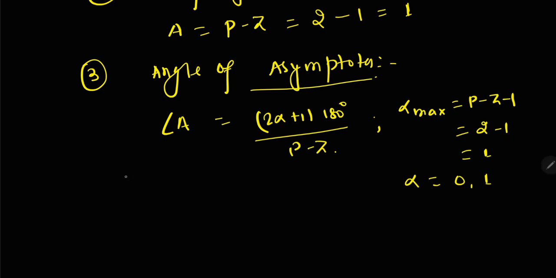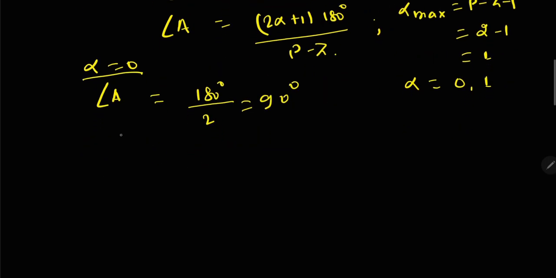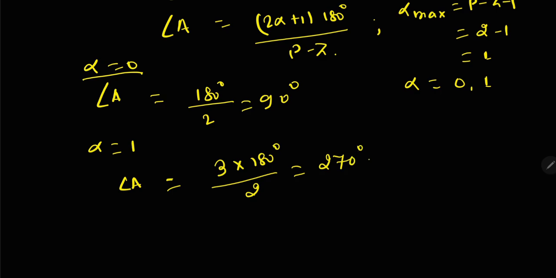Okay, so angle of asymptotes when alpha is equal to 0, 180 degree upon 2, that is 90 degree, and second when alpha is equal to 1, 270 degree.